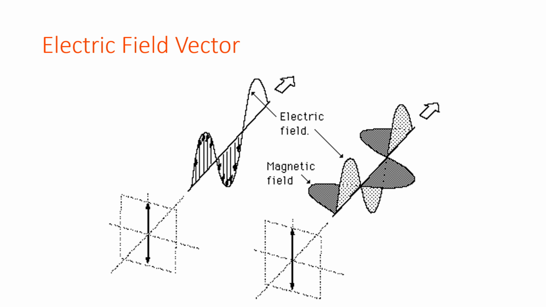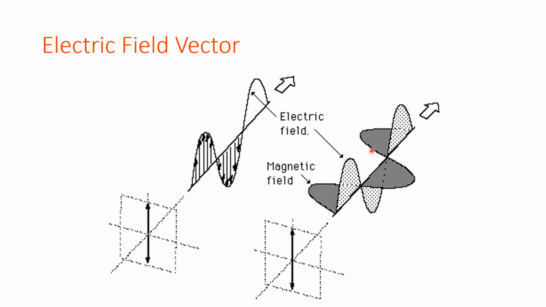So to revise, the figure shows here light waves, that is, electromagnetic waves. This is the electric field vector.